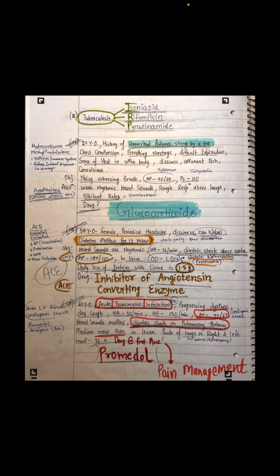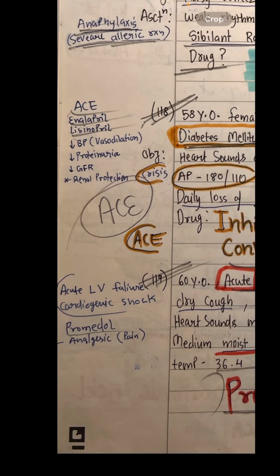Sir, first of all, the patient is having cardiogenic shock, and it will be very painful for the patient. So what drug of choice are you giving the patient in the first place? Sir, first of all, we cannot see the patient in pain. We are going to give pain management to the patient. The best pain management in this case is promedol, which is an analgesic.